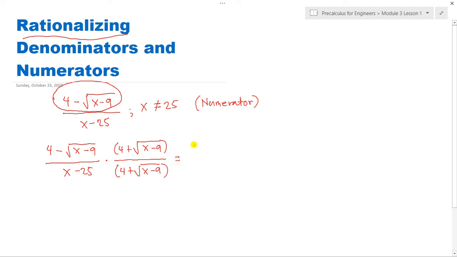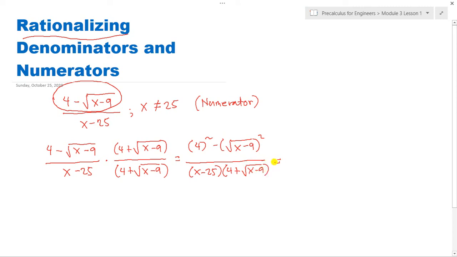Then simplify. So remember, the numerator is 4 squared minus square root of x minus 9 squared. Always remember sa difference of two squares. So this is just the difference of two squares. Then on the denominator we have x minus 25 multiplied by 4 plus square root of x minus 9.